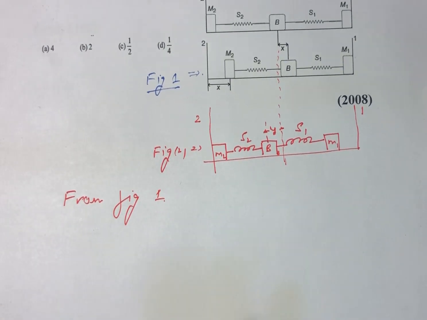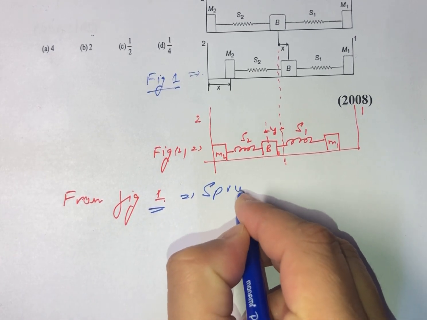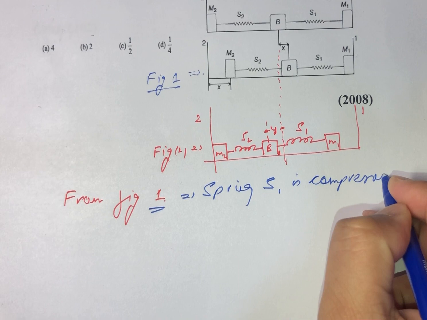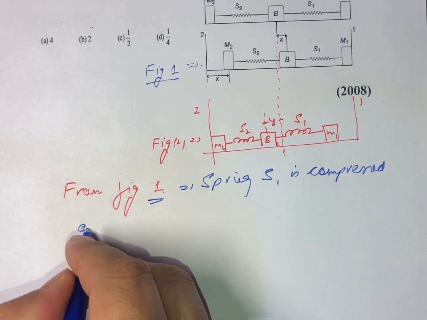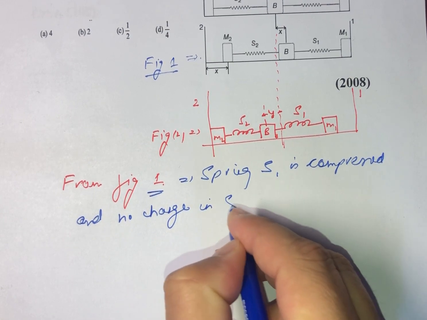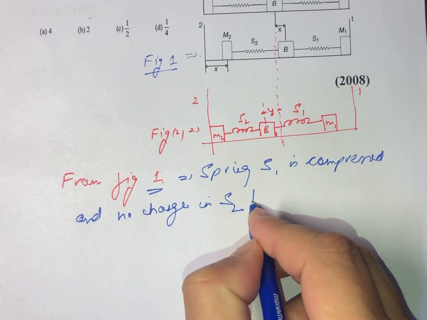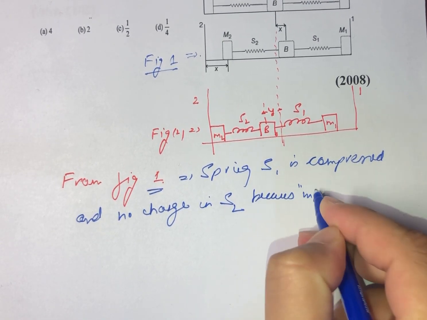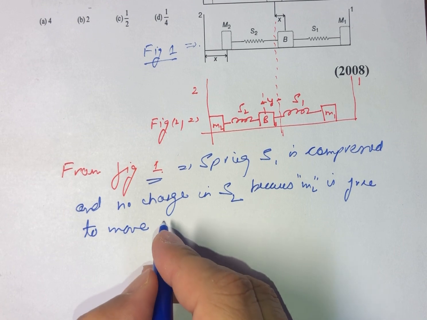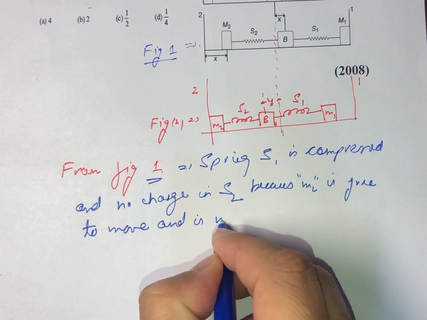From figure 1, spring S1 is compressed and there is no change in S2, because M2 is free to move and is massless.